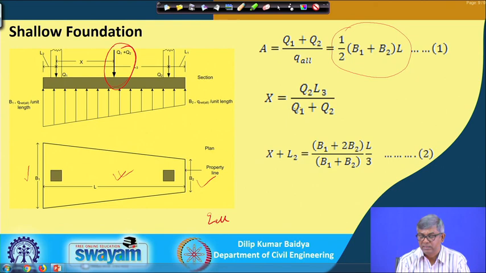That is similar to the previous one: x will be q2 L3 divided by q1 plus q2. So, this is the way I can find out x. Now, with x, if I add this L2, what do I have to do? My requirement is that the point of application of the load and the CG of the area should be the same.